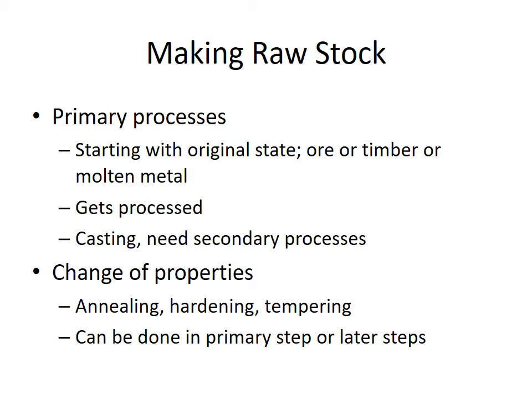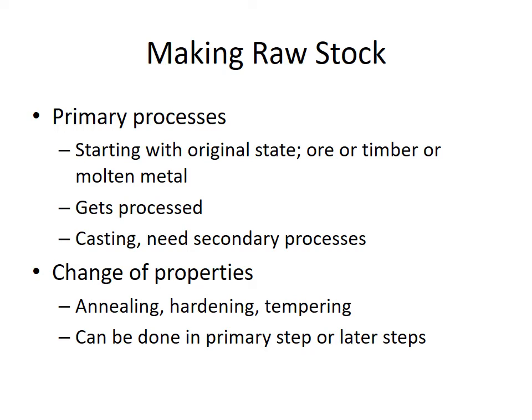There's a couple things just to be able to get to that raw stock that you would start with in a manufacturing process. You're going to start with ore or timber, but maybe ore, and then process it. It varies with the different types of metal.